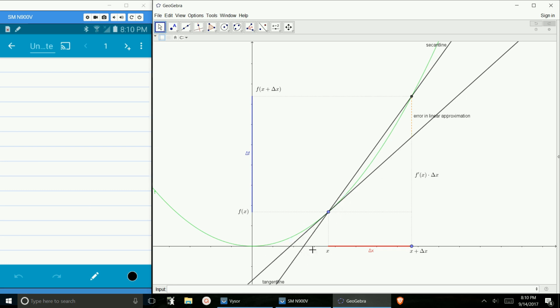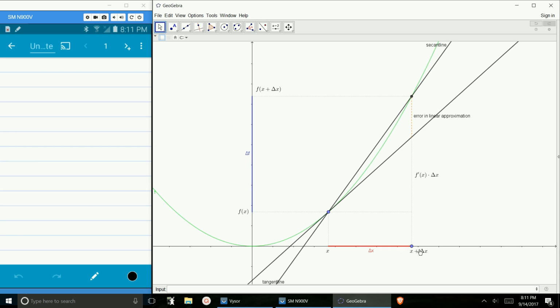Okay, I have this other line right here, which is the secant line through a second point, so you start at x and you go forward by delta x, and then that's a new point on the x-axis, and then you go up to the curve and over to get its function value.